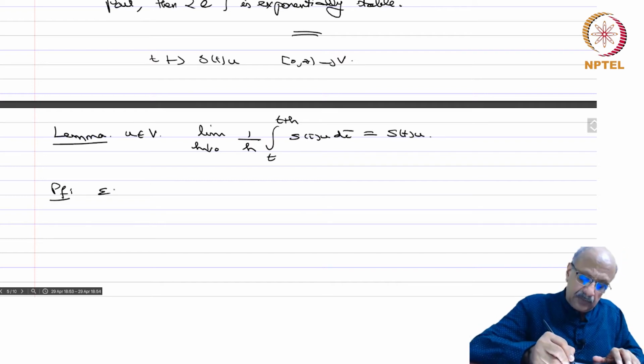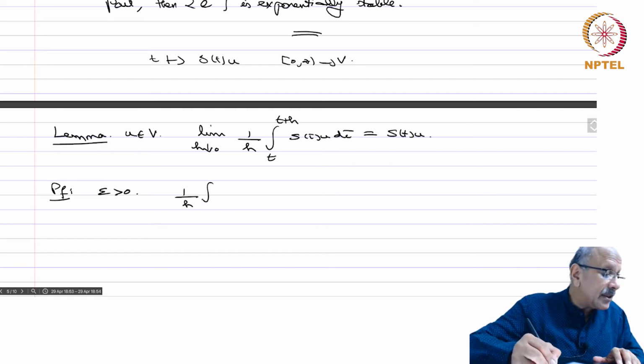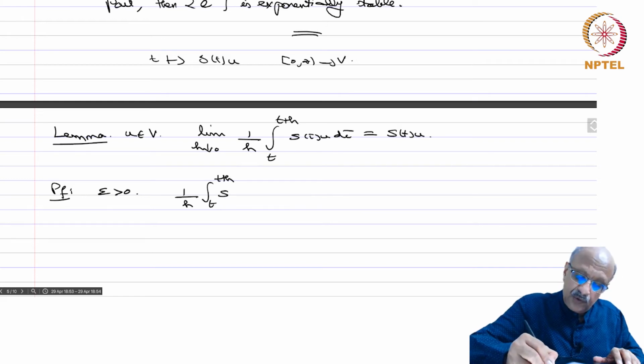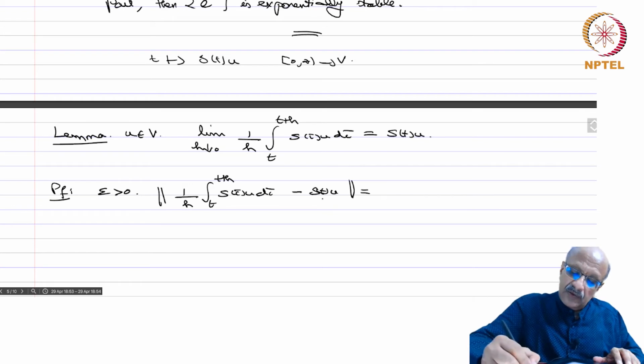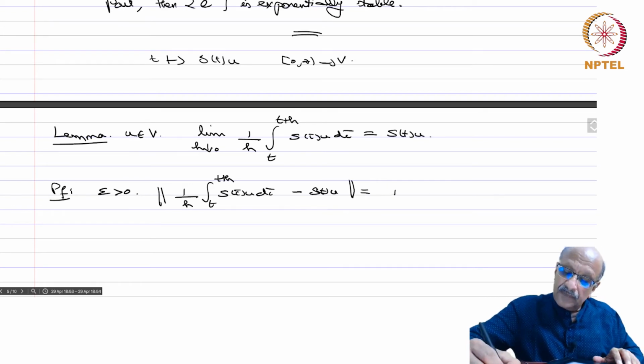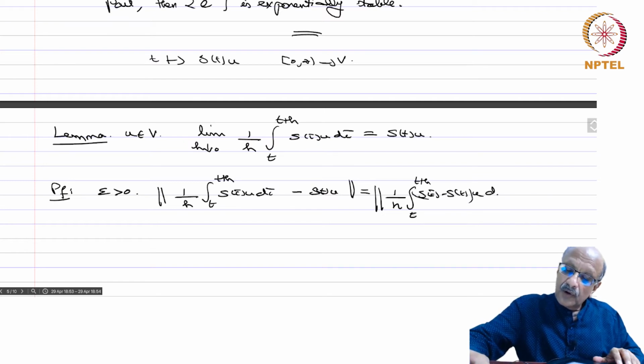So, proof. Let epsilon be greater than 0 be given. So, norm of 1 by h integral of t to t plus h, S tau of u d tau minus S t of u, then this is a constant, so I can pull it into the integral. So, this is 1 by h norm of integral t to t plus h of S tau minus S t of u d tau.